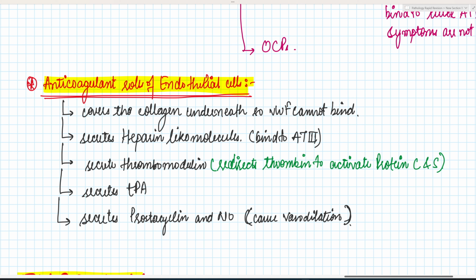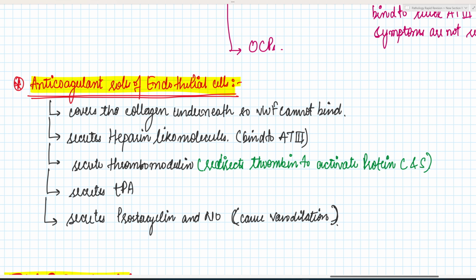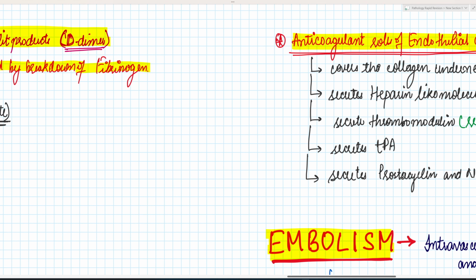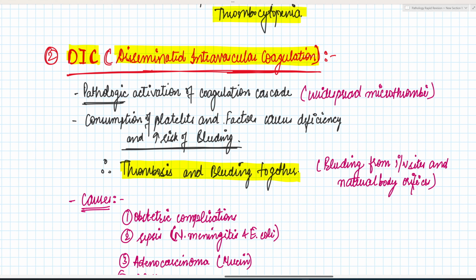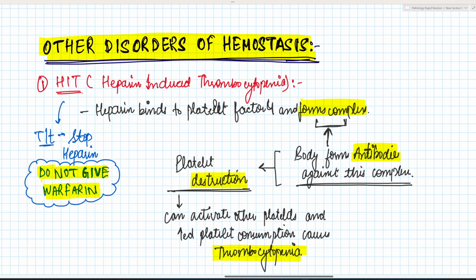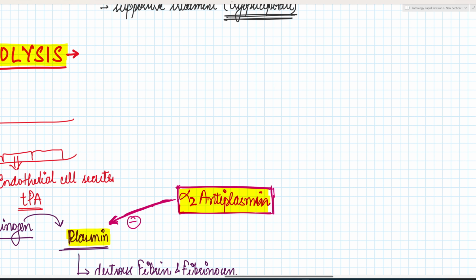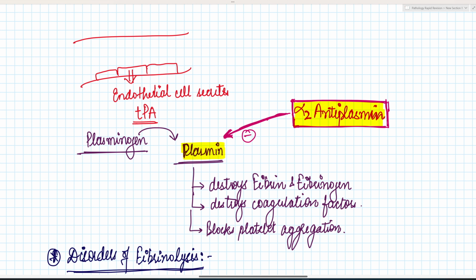Fourth is secretion of TPA. TPA is tissue plasminogen activator. We saw it in fibrinolysis. Let's take a step back and see fibrinolysis. So fibrinolysis is here. Plasminogen is activated to plasmin.